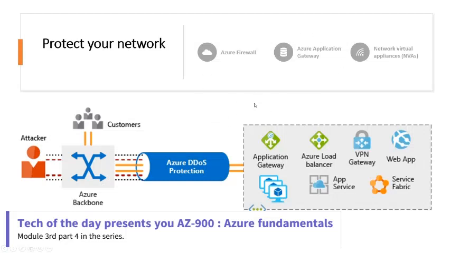Then you have DDoS attacks, distributed denial of service attacks. So a user can attack your application from multiple locations and can make your application too busy, and it can lead to your application going down, or your application becoming slow or unresponsive.